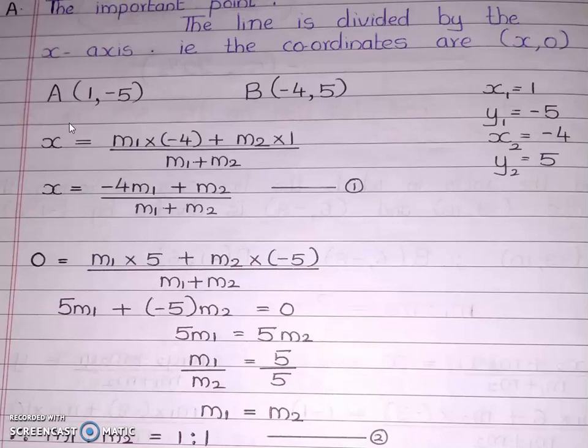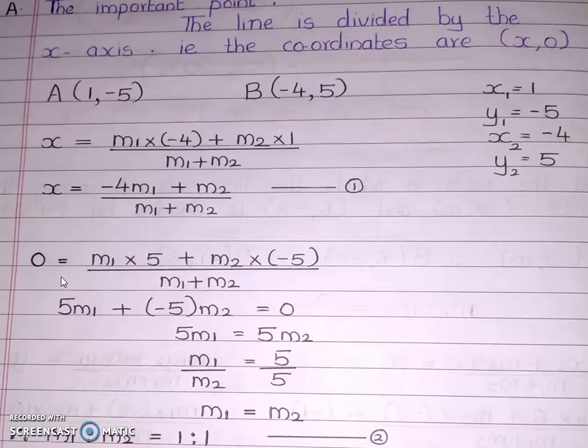Here we'll write x is equal to m1 into x2 plus m2 into x1 by m1 plus m2. Simplifying, you will get x is equal to minus 4m1 plus m2 by m1 plus m2. Students, you can see 3 unknown quantities here, x, m1 and m2. So there is no use of using this formula. So we'll go for the y coordinate.